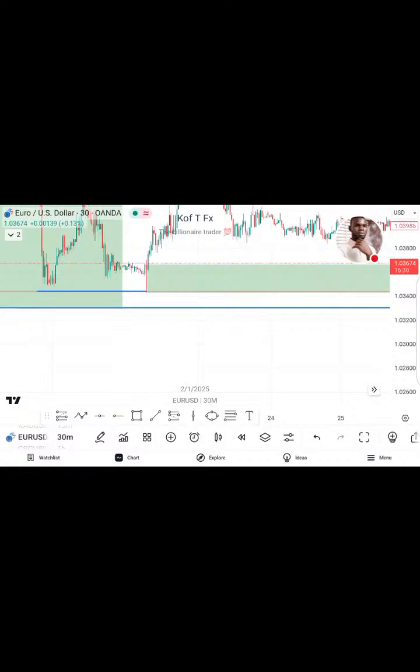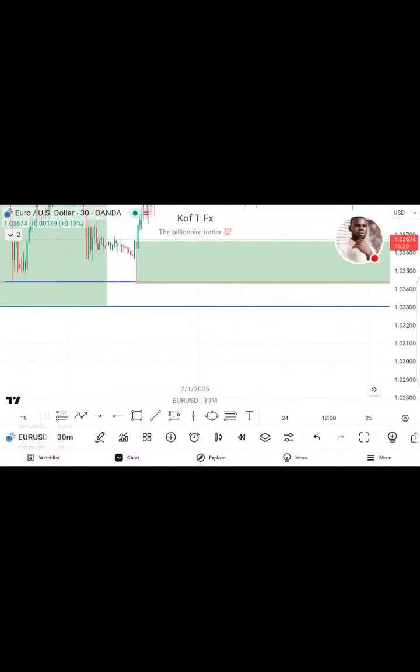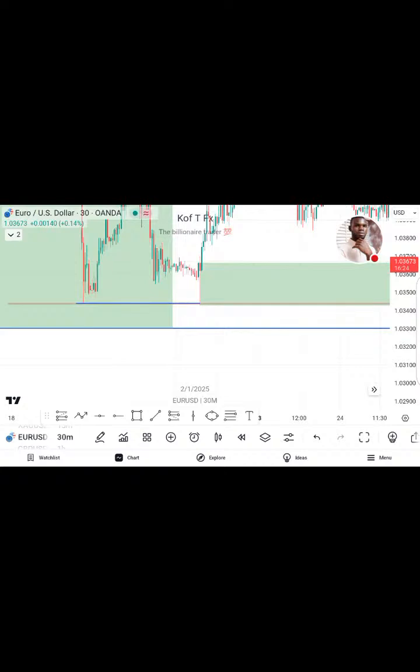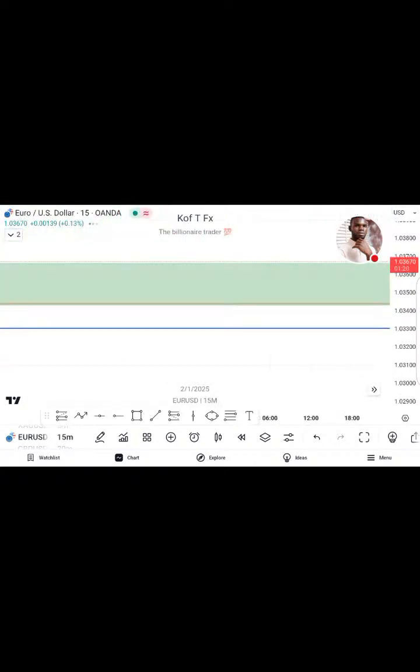You can see that red candle on 30 minutes. Nice one. That's the rejection block.